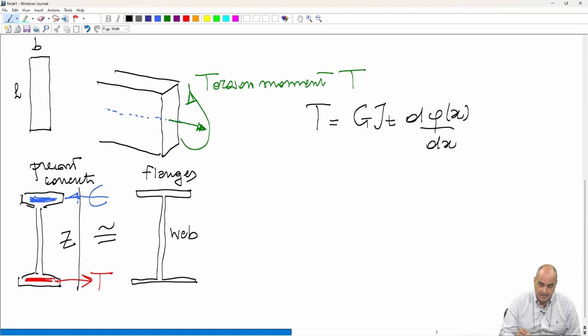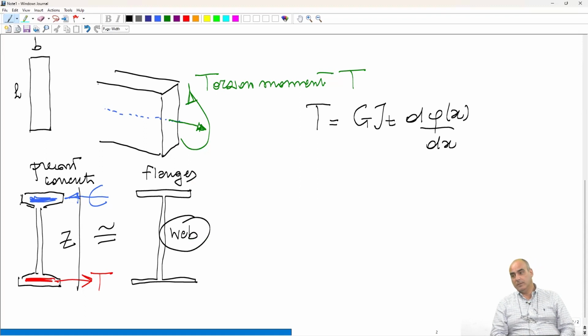And what is this central part which we call the web? What is the purpose of that? Well, it carries shear, but it also guarantees that the two flanges work together, because if the two flanges are not connected, you cannot exploit this bending action.